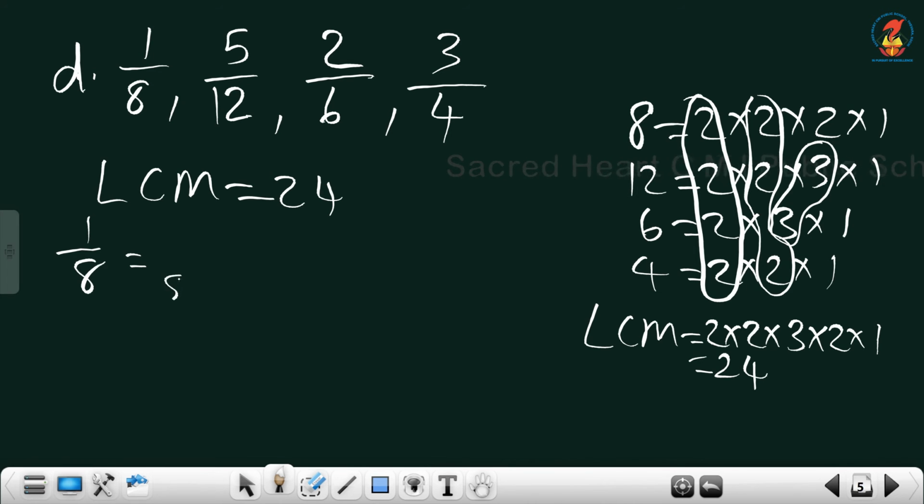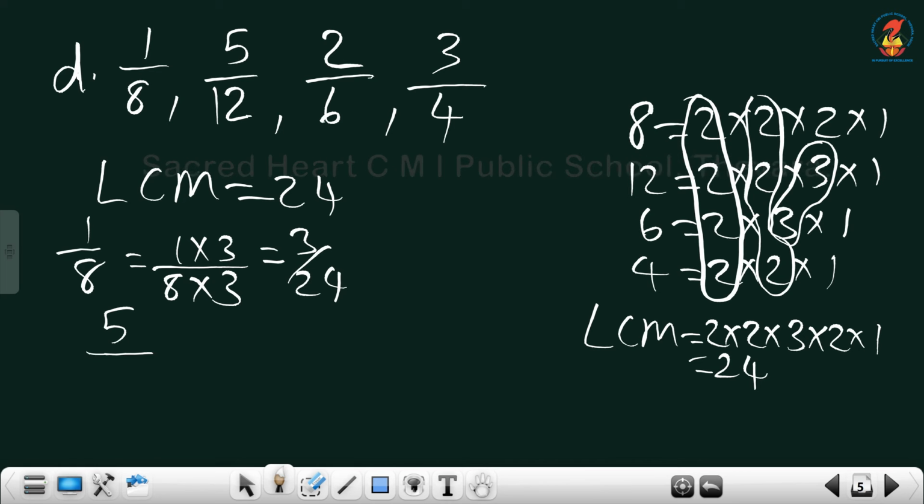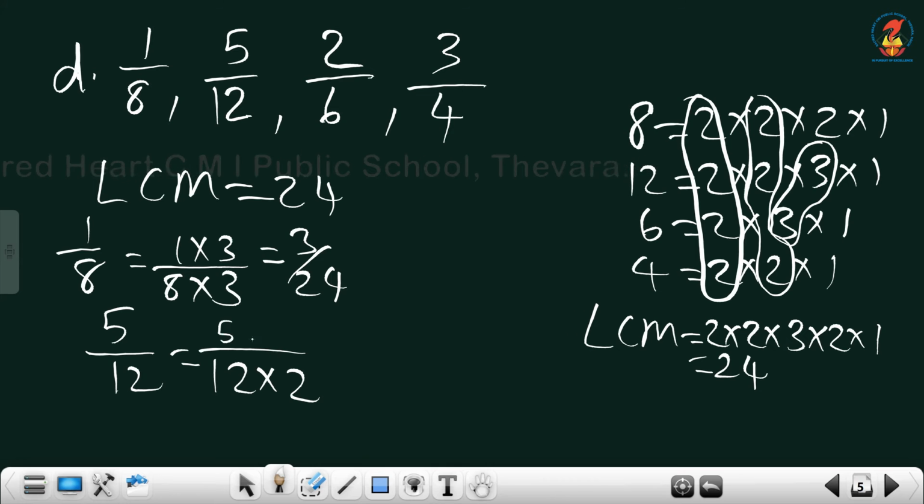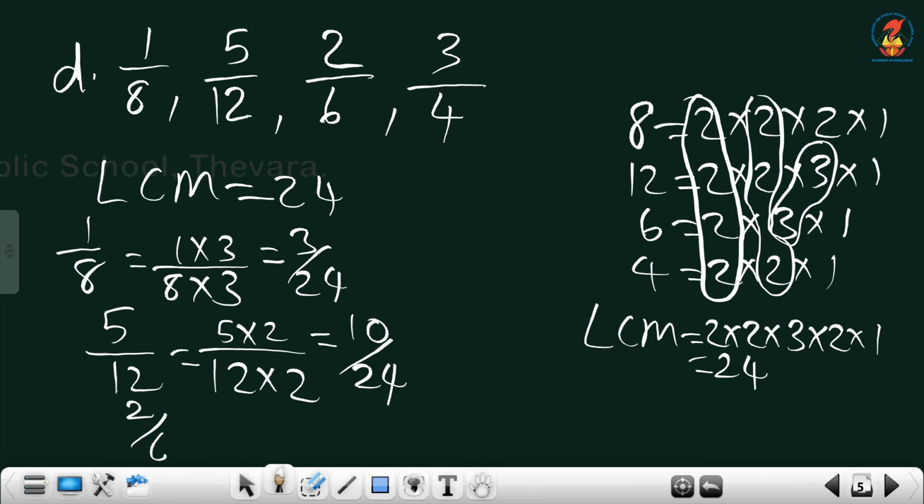After that I need to change all the denominators into the LCM. 1 by 8 equals 8 into 3 and 1 into 3, that is 3 by 24. Then 5 by 12, 12 into 2, 5 into 2, that is 10 by 24. Then 2 by 6, 6 into 4, 2 into 4, that is 8 by 24.